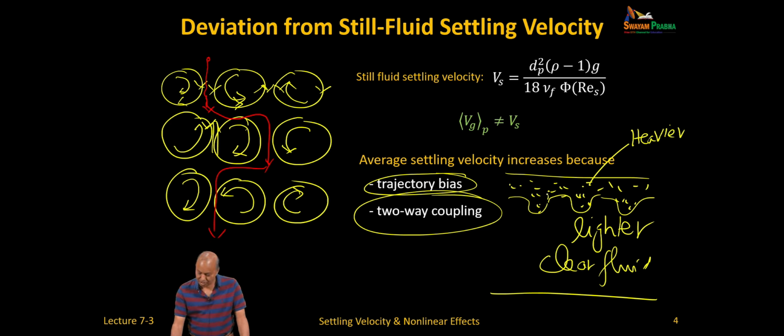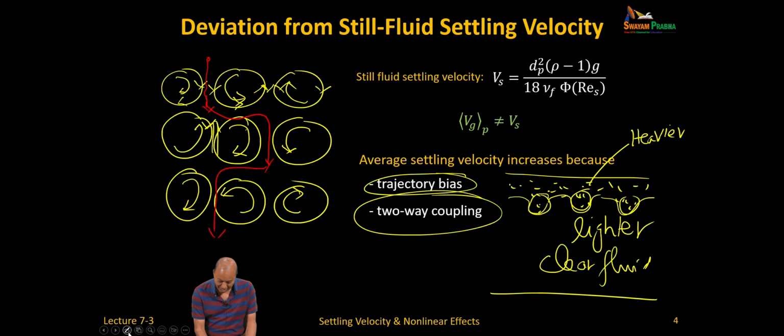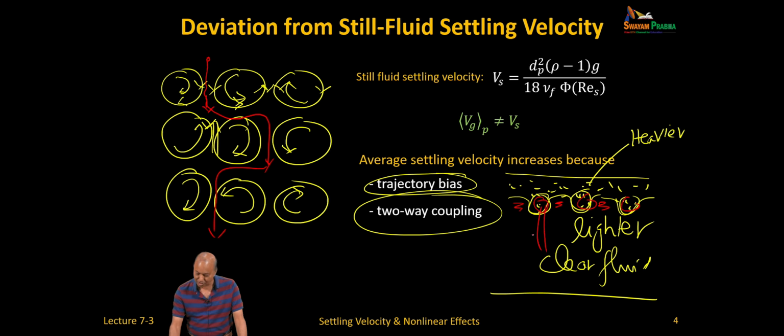Therefore, once a little blob of fluid protrudes, this is the two-way coupling. These blobs are a little heavier, so it's light fluid here, light fluid here, light fluid here, in between your heavy fluid. So it wants to go down faster.